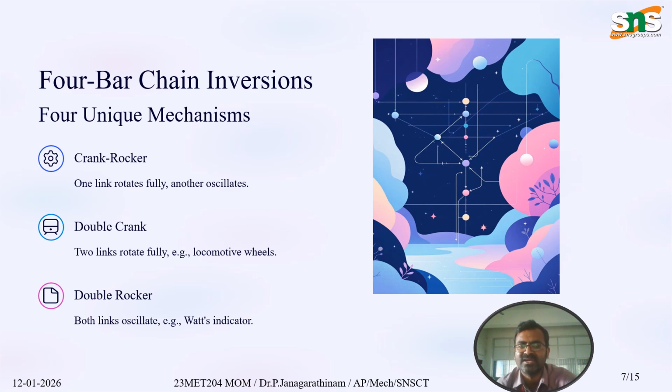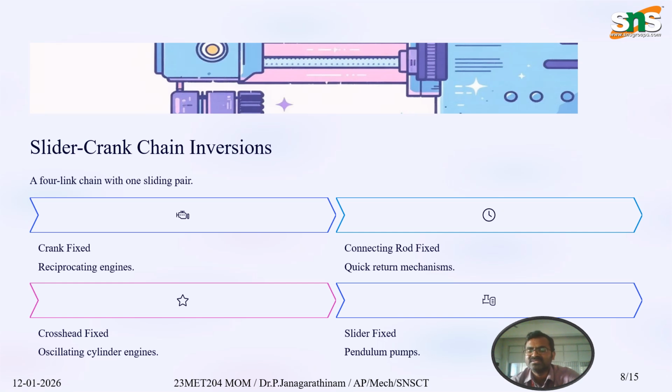When one link rotates fully and another oscillates, that is called a crank rocker mechanism. When two links rotate fully, that is the locomotive wheel mechanism, which can be implemented in trains also. When both links oscillate, it is known as the oscillator mechanism. These are the major 4-bar chain mechanisms and inversions.